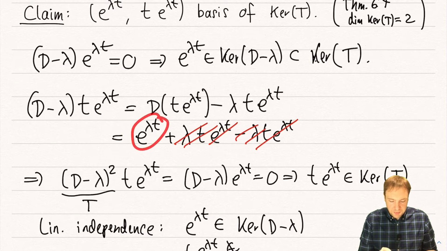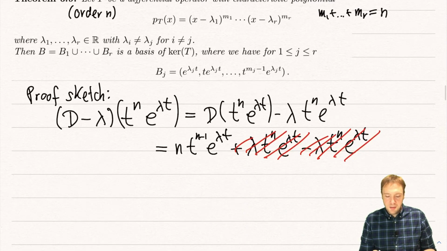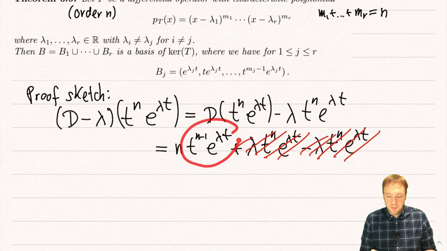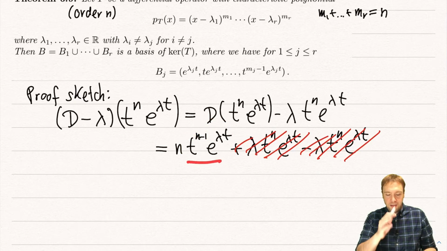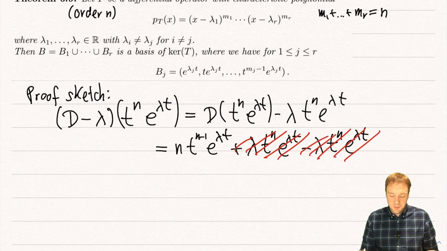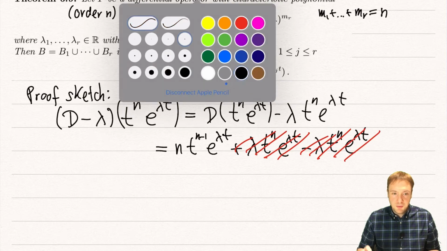And then we saw this was in the kernel of this map here, because we know that if we apply D minus lambda to this, we get 0. But the same strategy holds here now, because if I now apply D minus lambda again to this, then I would again decrease this exponent, and I can apply this m times, and then we'll see that this will be 0, because in the last step I will just have e to the lambda t, and if I apply D minus lambda to this, this will be 0.